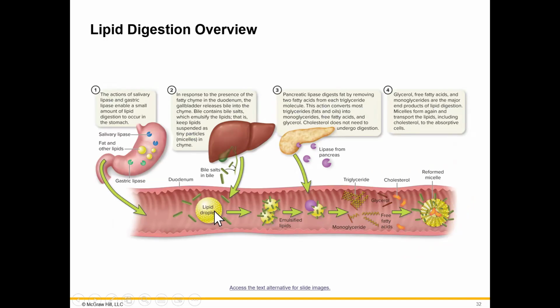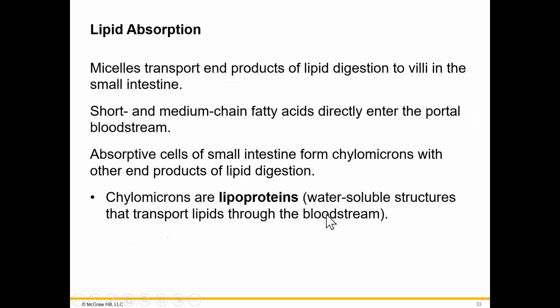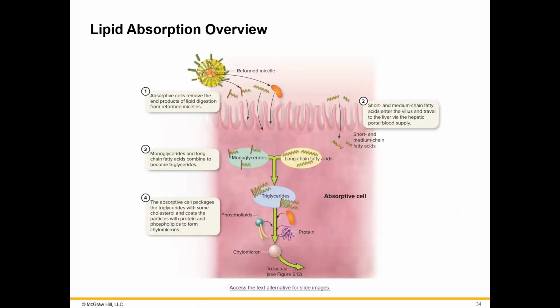They all help to take that fat, emulsify it, and break it down into its different components, triglycerides, cholesterol, fatty acids, monoglycerides, and eventually get absorbed through the chylomicrons within the small intestines.